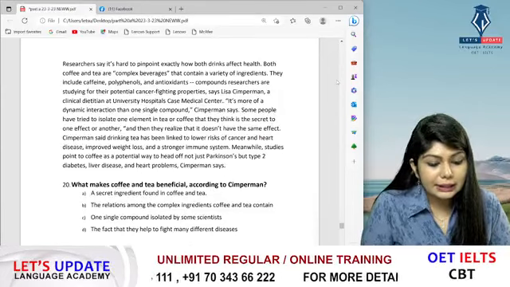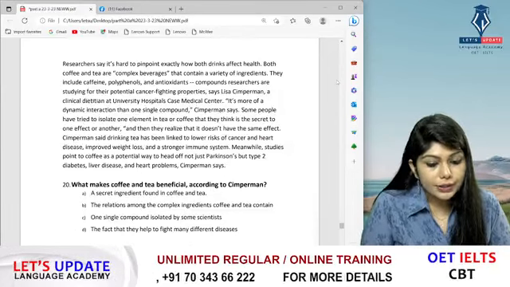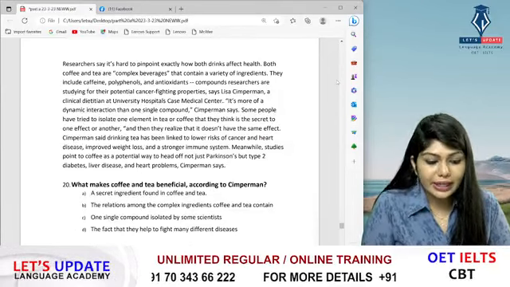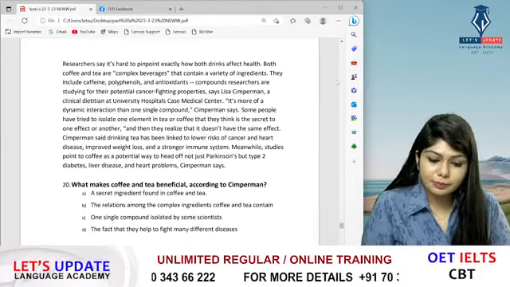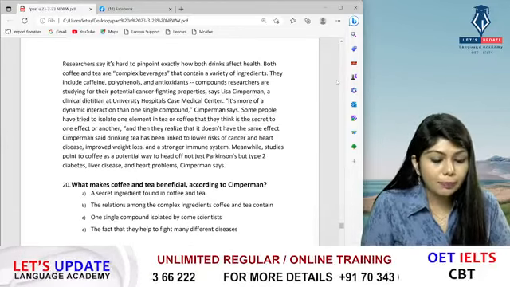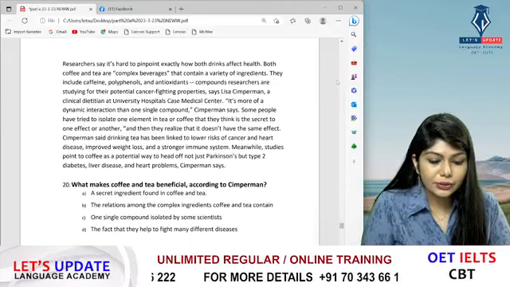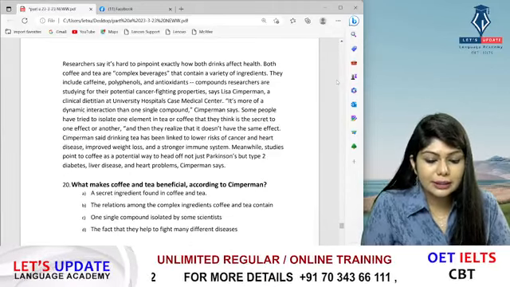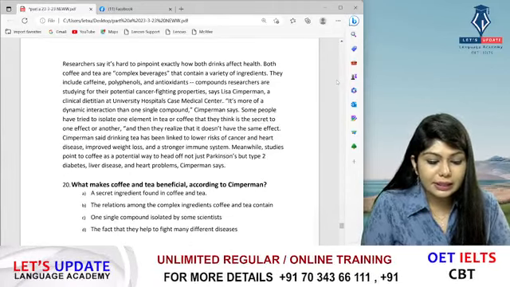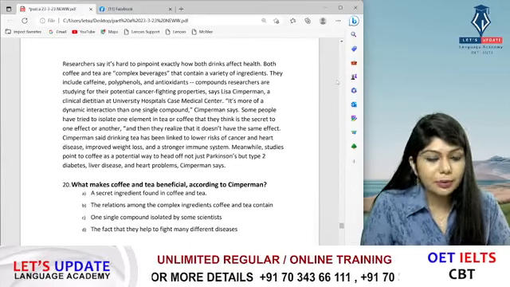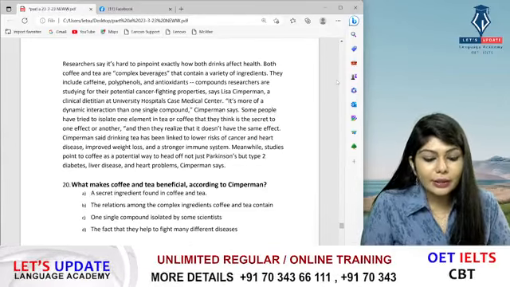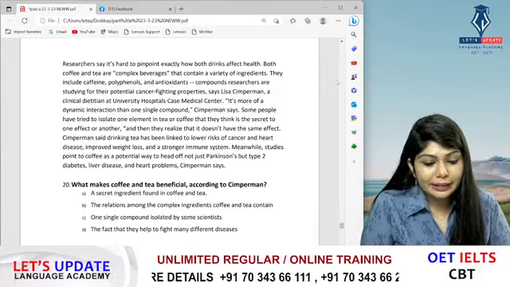Simperman said drinking tea has been linked to lower risks of cancer and heart disease, improved weight loss, and a stronger immune system. Meanwhile, studies point to coffee as a potential way to head off not just Parkinson's but type 2 diabetes, liver disease, and heart problems, Simperman says. Okay, so that was what the paragraph is about.